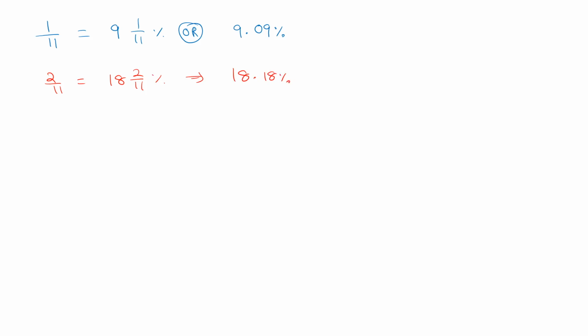For 3 upon 11, 3 times 9 is 27, 3 by 11%, or 27.27%. For 4 upon 11, we can write 36, 4 by 11%, or 36.36%.